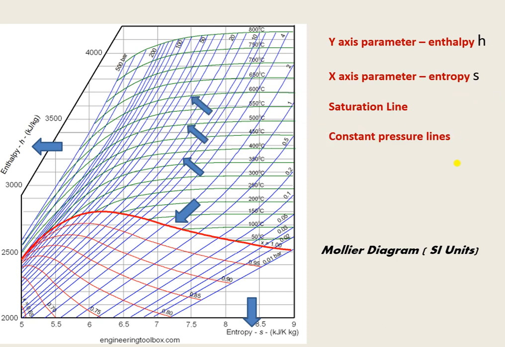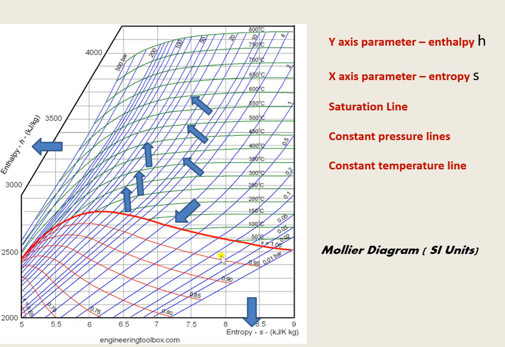You see a few constant pressure lines, and the lines which are slightly green in color going like this are constant temperature lines. Within the saturation line, that is in the two-phase region, constant pressure line is also a constant temperature line.